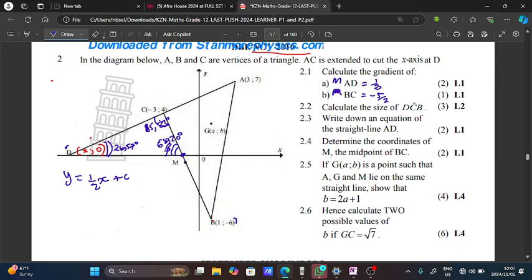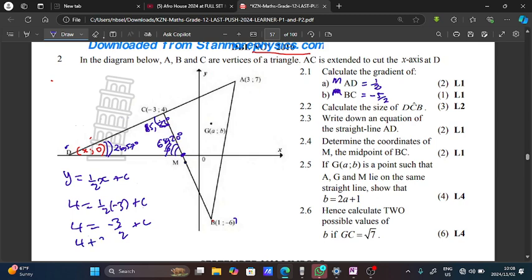Then we can substitute any point. So we have 4 equals 1 over 2 into negative 3 plus c. Now what we have here is 4 equals negative 3 over 2 plus c.